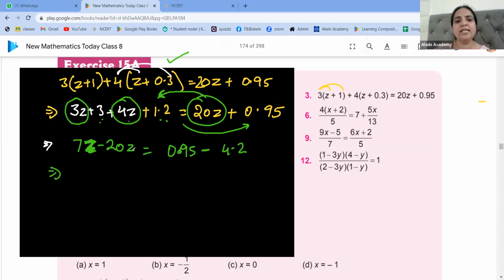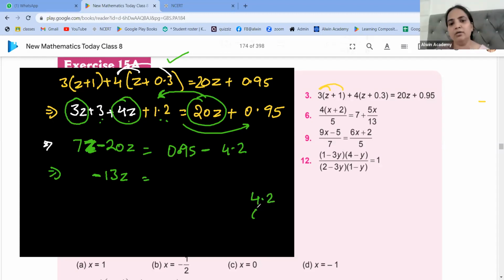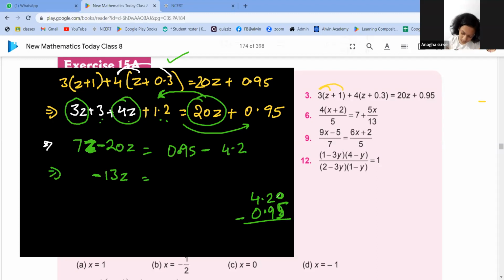Now 7z minus 20z would be minus 13z, because 20 minus 7 is 13, no? Negative is the greater number, so you will keep the sign of negative here. Equal. Now let's subtract this at one end. 4.2 is a greater number, so I am subtracting this at one corner. How will I do this?